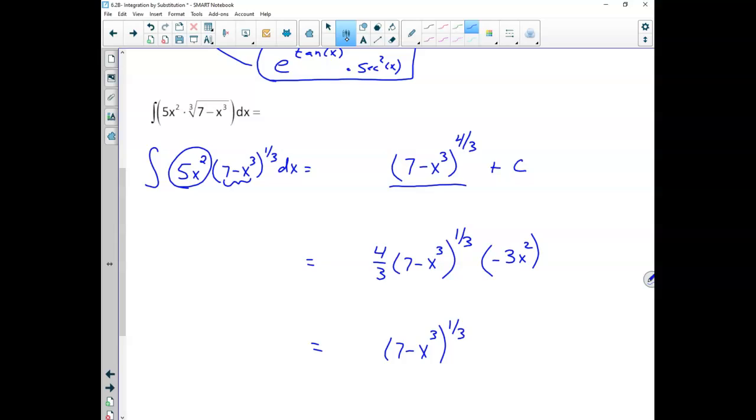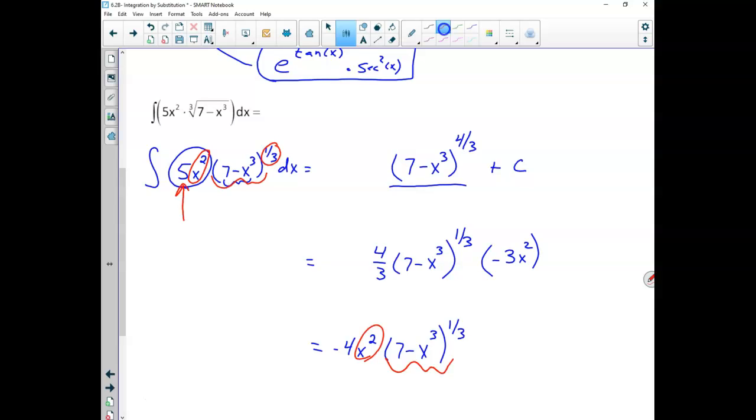So I really got my negative 4x squared, and see all the important pieces: my x squared and my function to the 1/3 match.